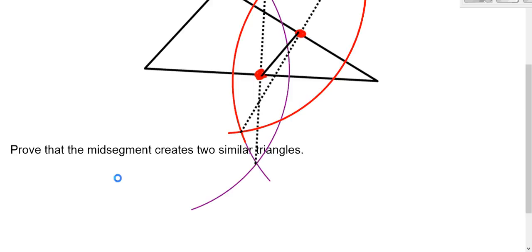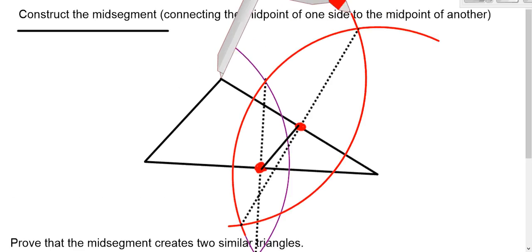So, if you think about what we've got going on here, this mid-segment made these two sides be the same length. That's what a midpoint does. It splits into two congruent sides. Same thing with this midpoint over here.